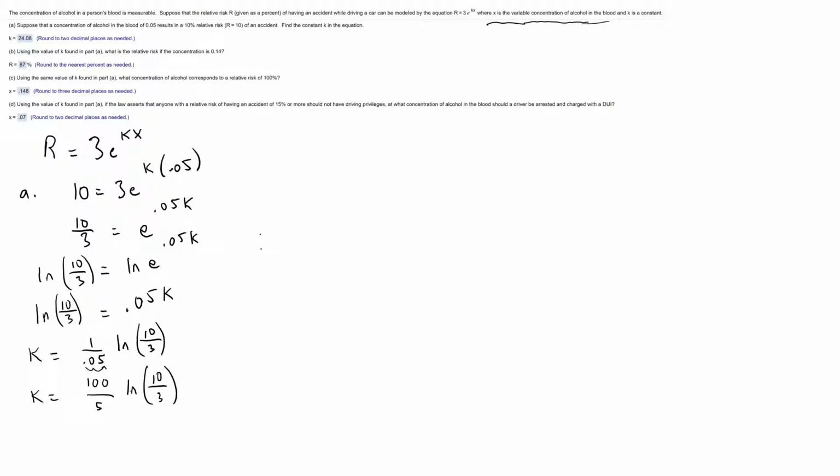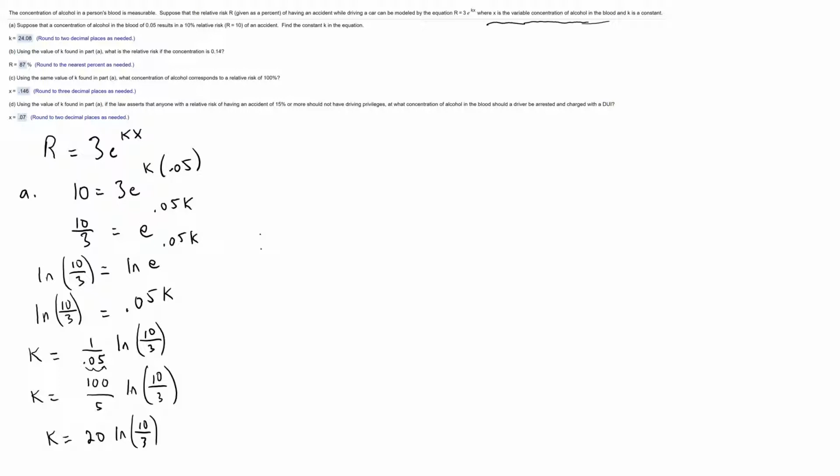So 1 over 0.05 is the same thing as 100 over 5, which is 20. So I can write 20 instead of 1 over 0.05. That just makes it a little bit cleaner. And so that's the answer to part A. K is 20 times natural log of 10/3.